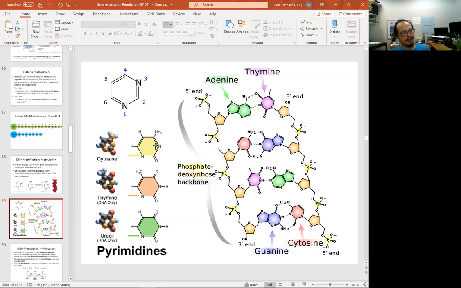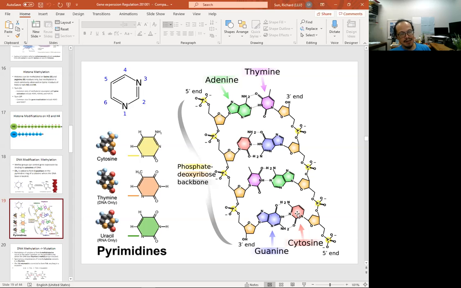So this can be corrected back to the cytosine, because cytosine is paired with the guanine. So a GC pair, if there is any deamination, will become GU, with uracil here.